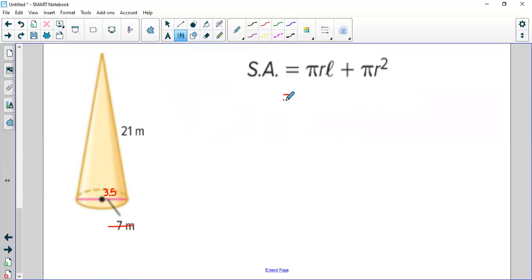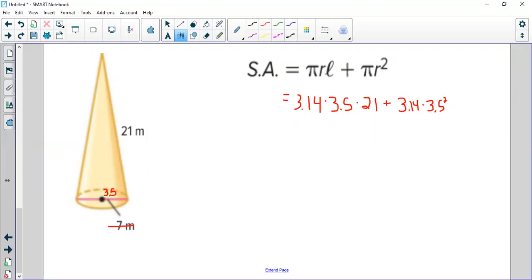So fill some numbers in here. 3.14 times the radius, 3.5, times the slanted height, 21, plus pi again, 3.14, times the radius, 3.5 squared.